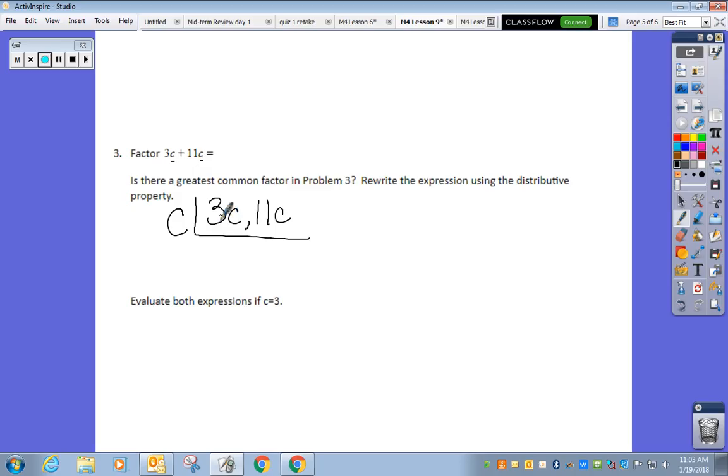So if you're pulling out the variable, C divided by C is just 1. So we're just going to pull down the number that's there, because 3 times 1 would be 3. And I'm just going to pull down the 11 because I'm taking out the C from it. So our GCF in this case is a variable. The C is our GCF, and the bottom two numbers go inside.